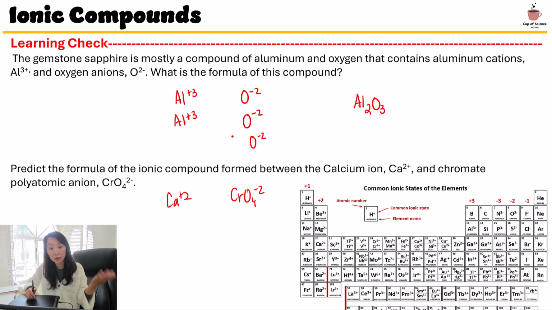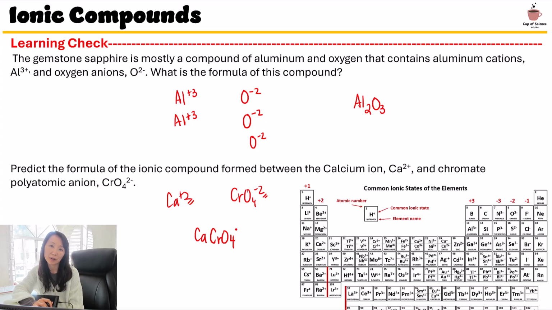Well, you don't need more calcium, nor do you need any more chromate in order for it to neutralize the whole compound, because there's only +2 and a -2 that will cancel it out. So you'll have calcium, you only need one of them, and then chromate. And that's it for polyatomic combining with the monoatomic ion.